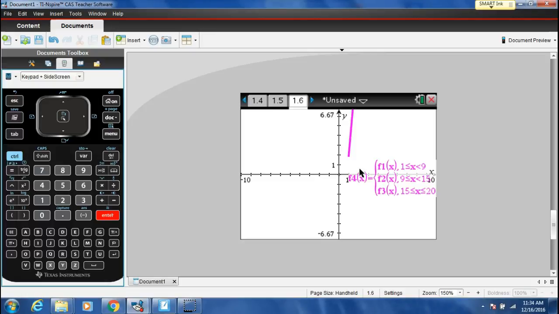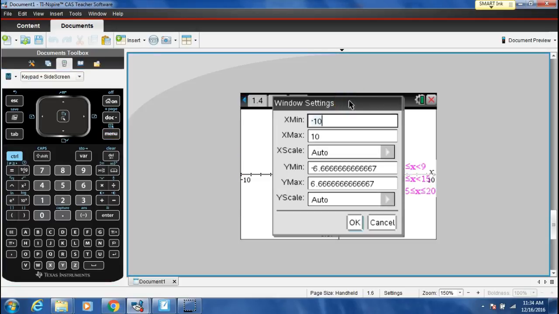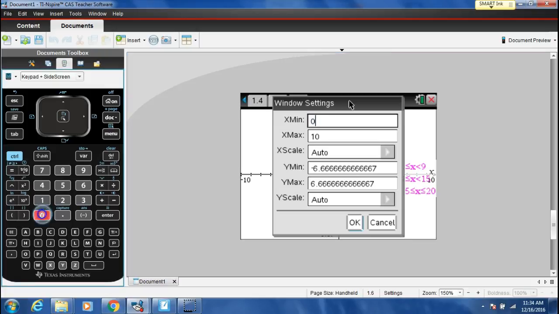Currently our window is going from x's from negative 10 to positive 10. On your chart, what do your x's go from? 1 through 20. So I'm going to go 0 here all the way up to 20. Actually, I'm probably going to go a little bit farther. Let's go 25.